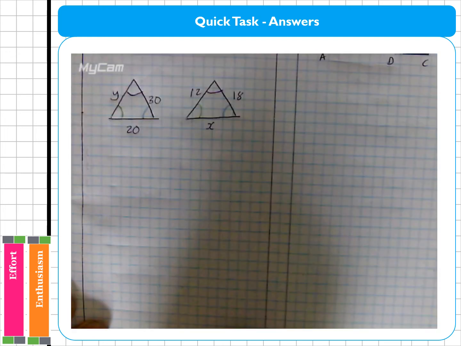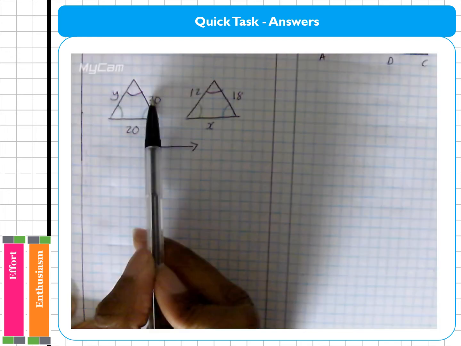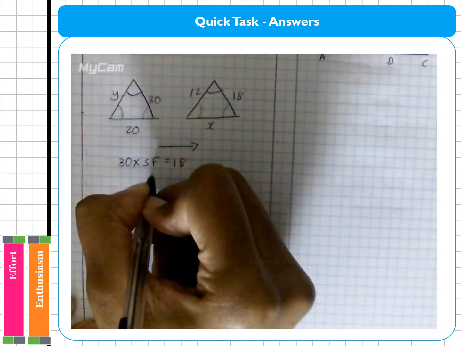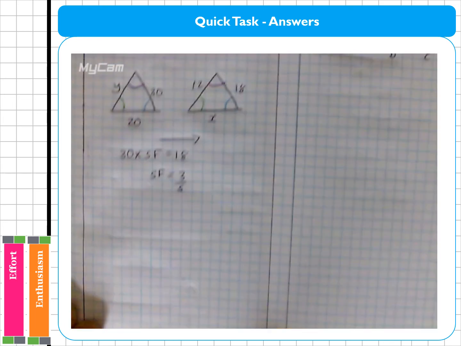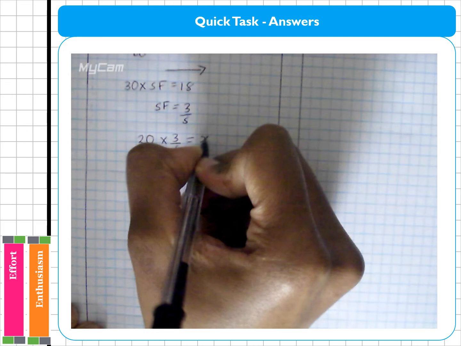I've got matching sides here and here, which means that 30 times my scale factor must give me 18, which means my scale factor is 18 divided by 30, which is 3/5. To then work out X, I know I need to do 20 times my 3/5 to get X, which means that X is 12.